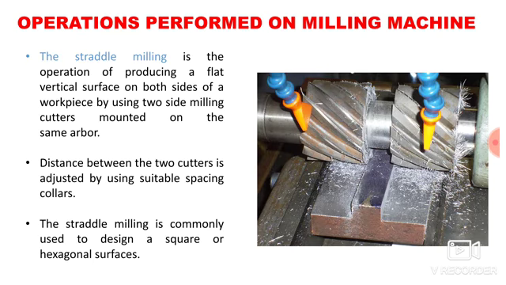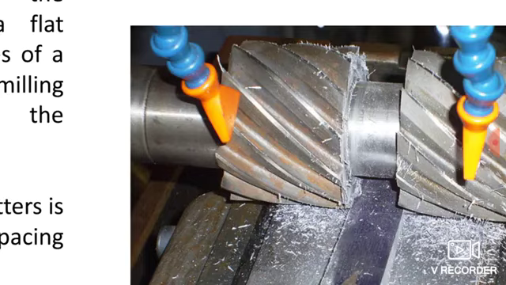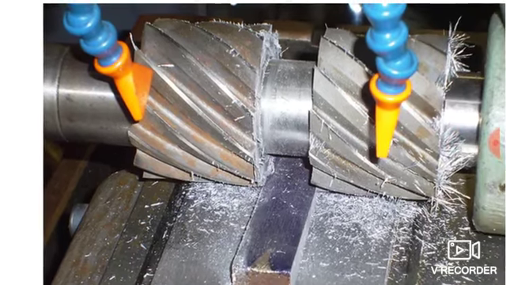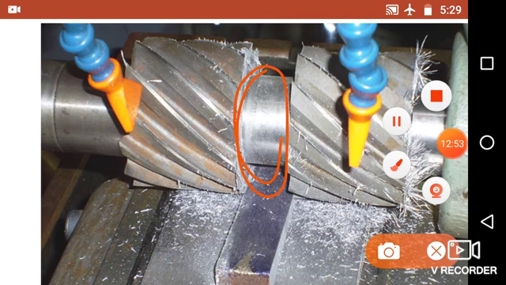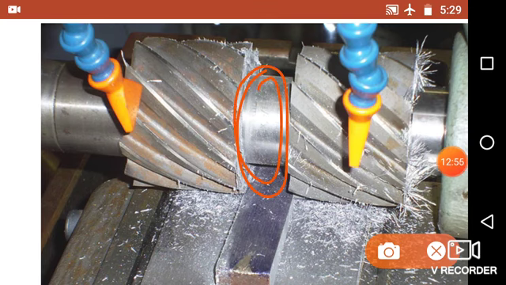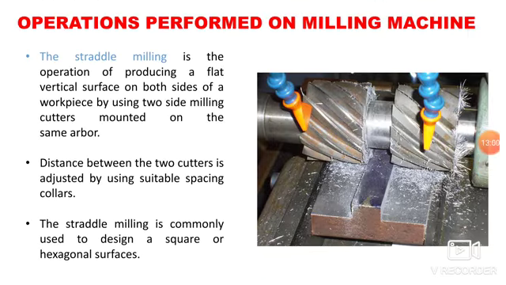The distance between the cutters is adjusted by using a suitable spacing collar. Here you can place the collar and adjust the spacing between the cutters. Straddle milling is commonly used to design a square or hexagonal surface. So with this you can produce a square or hexagonal surface on the workpiece.